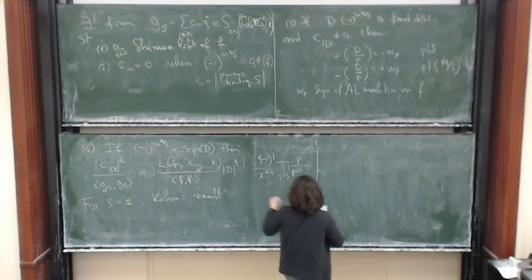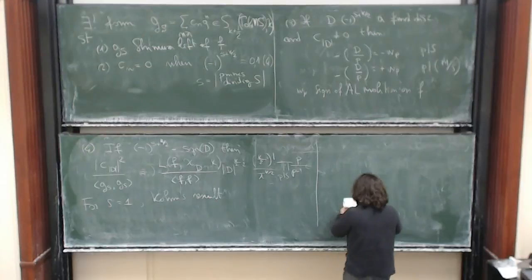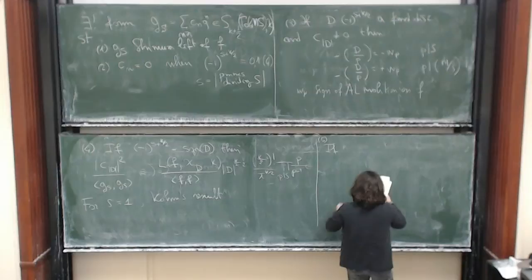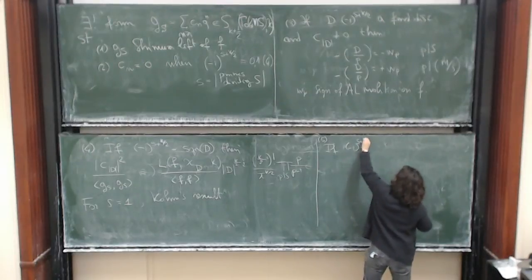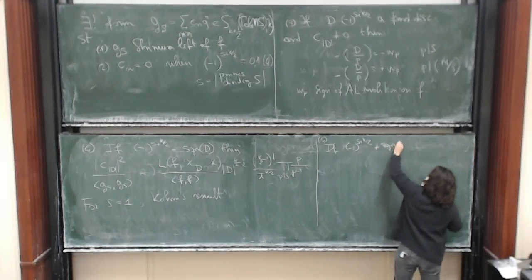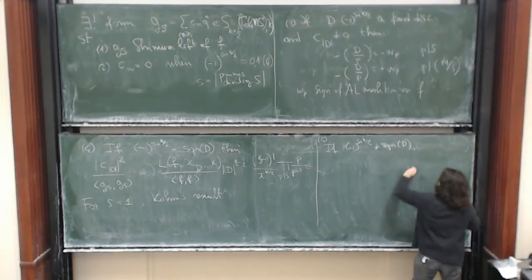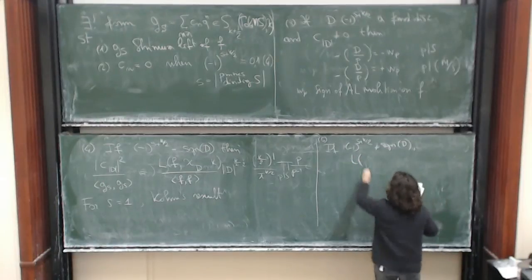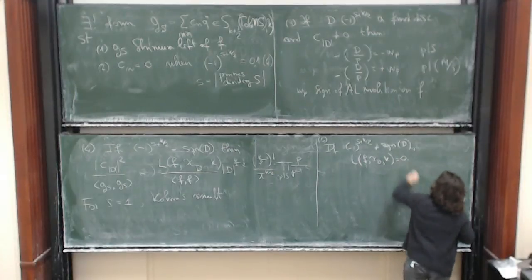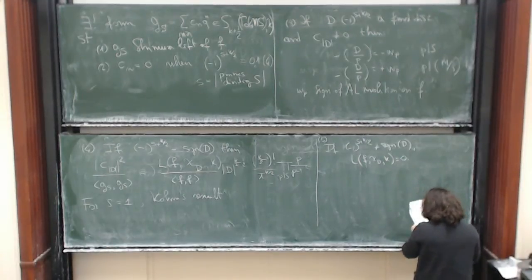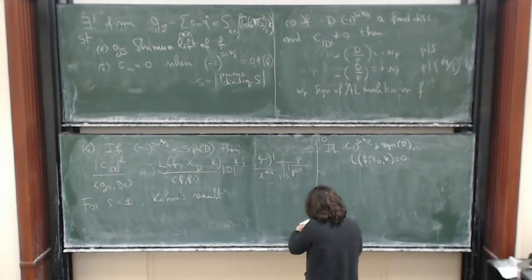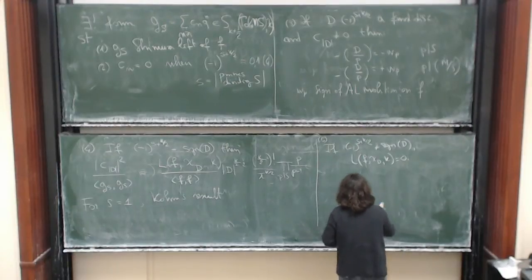Well, when this doesn't happen, the special value vanishes. So if minus 1 to the S plus k half is different from the sign of D, then the special value vanishes. So the Fourier coefficient is 0.